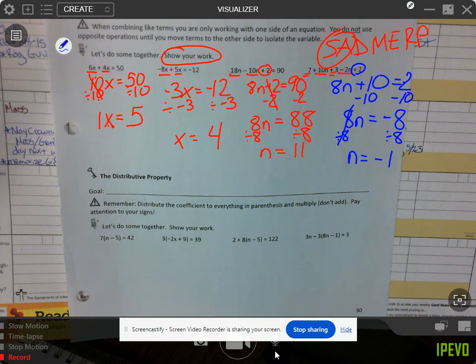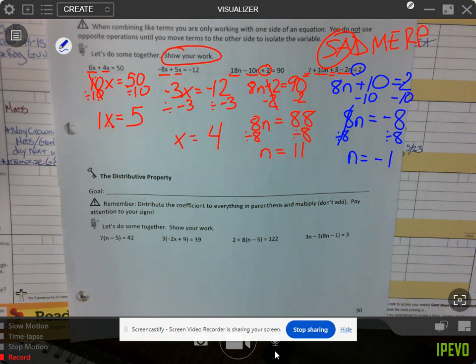So, how are we feeling about this? We're combining like terms, yesterday's objective, and then we're doing our two-step operations. Remember, opposite operations. First, you add or subtract, opposite of what the equation was telling us.